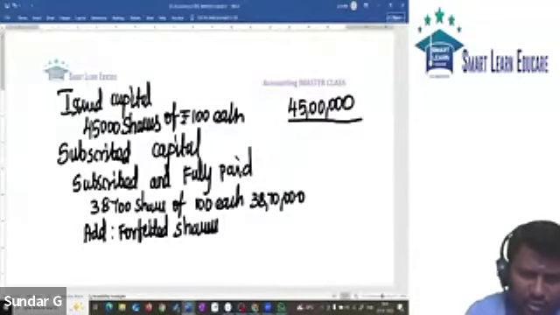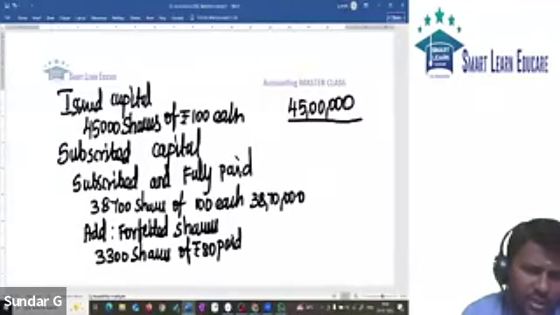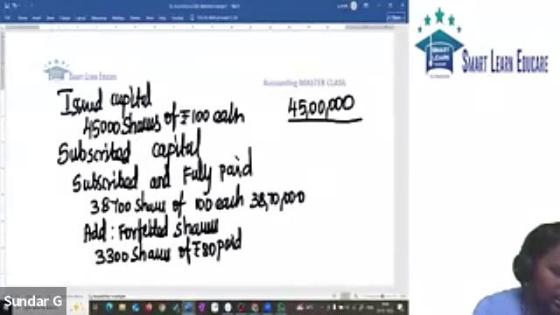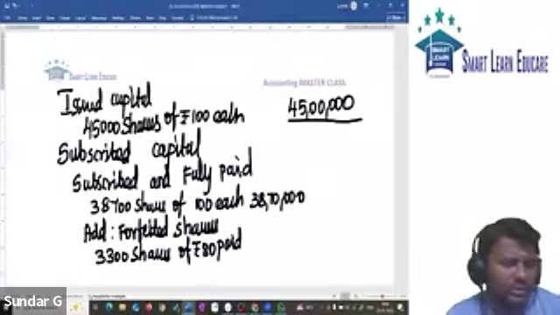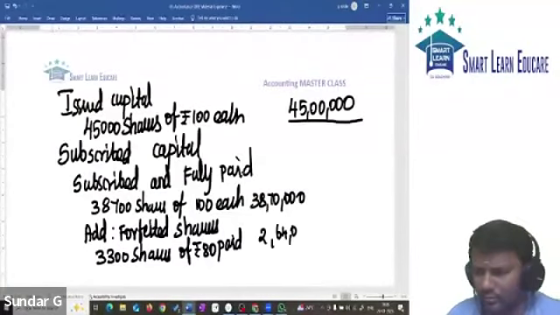How many shares in total? 3,300 shares. How much is paid? Say 80 is paid, so 3,300 into 80 will give you 2 lakh 64,000. Correct?